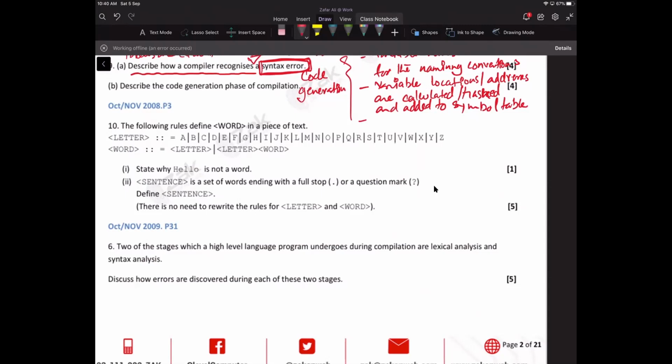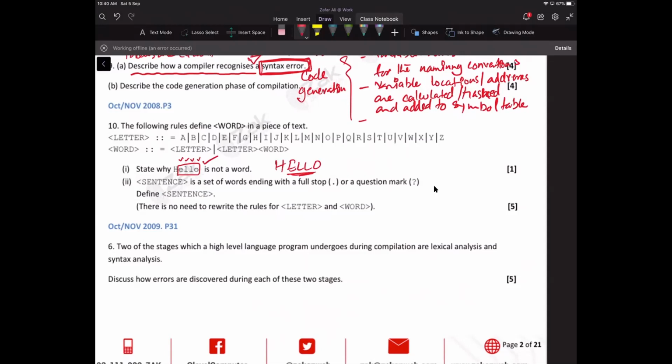So state why Hello is not a word: the letters after H are not in uppercase. Had it been written differently there would be no problem, but over here there is a problem.